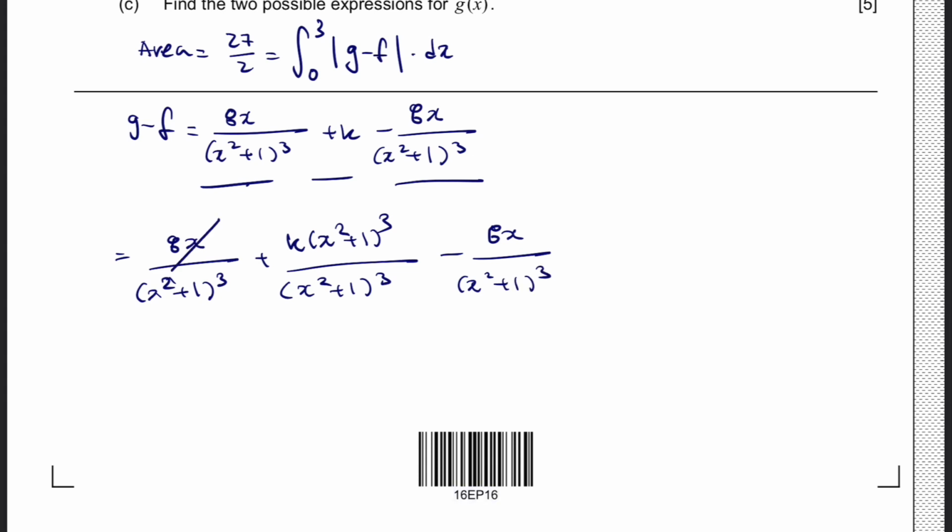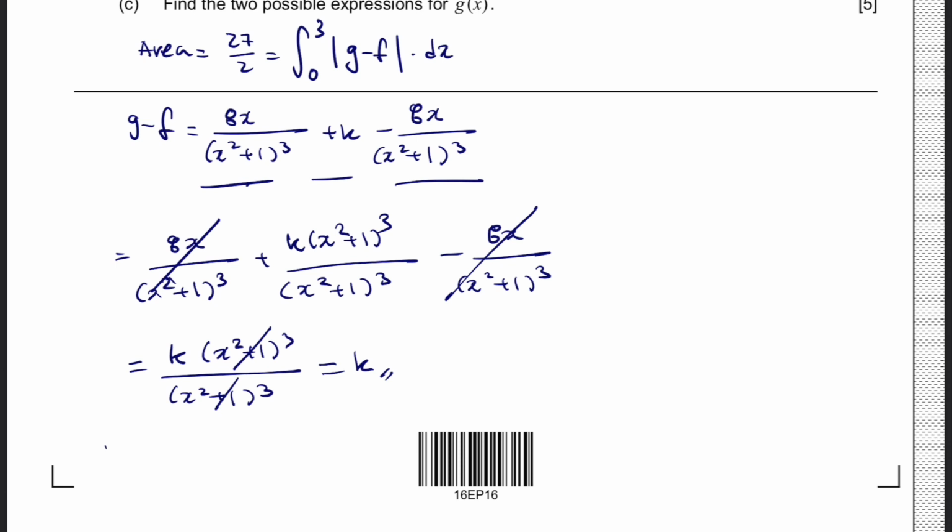And this is the same as k times x squared plus 1 to the power of 3 over x squared plus 1 to the power of 3, and it can simplify further to k. Okay, so g minus f is the same as k.